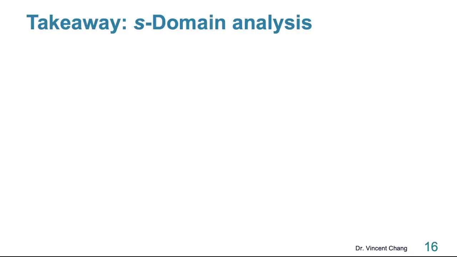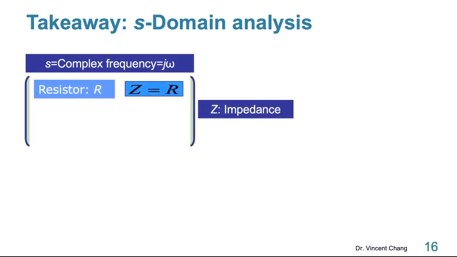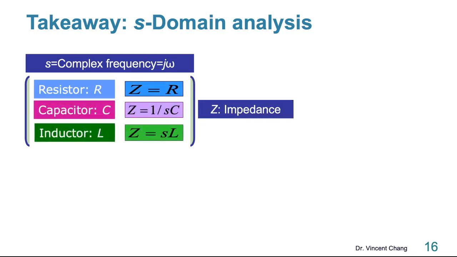So we almost come to the end of this lecture. Let me give you a takeaway. Start with the impedance Z. Here's the rule: R, 1 over SC, and SL for the resistor, capacitor, and inductor respectively.